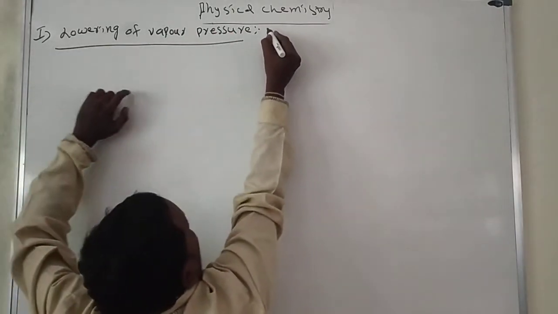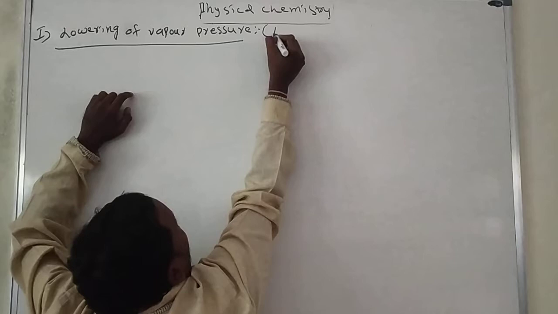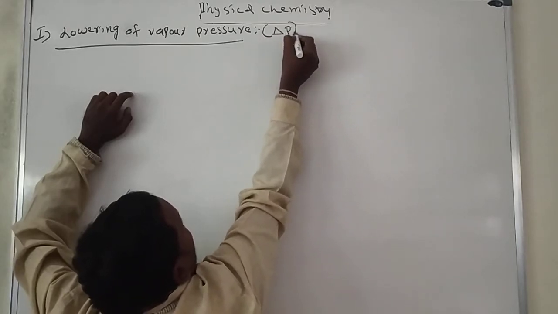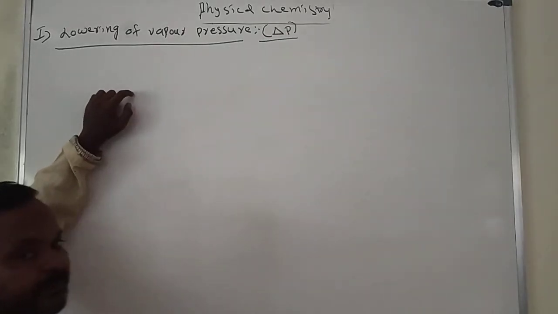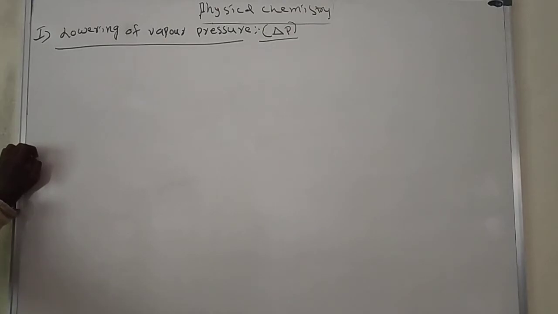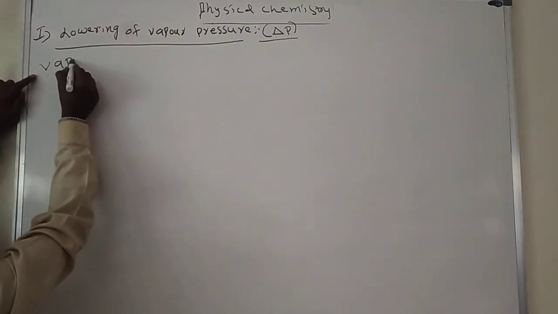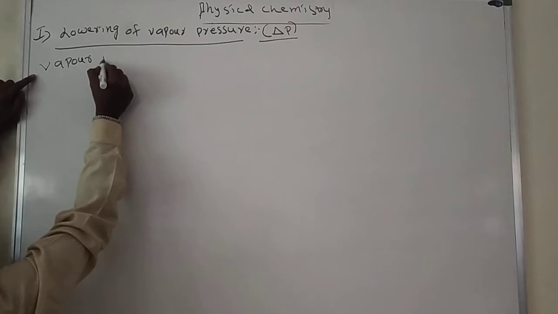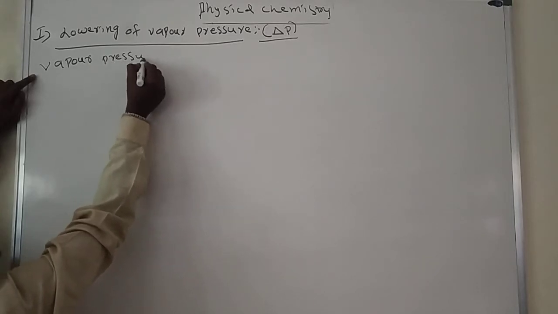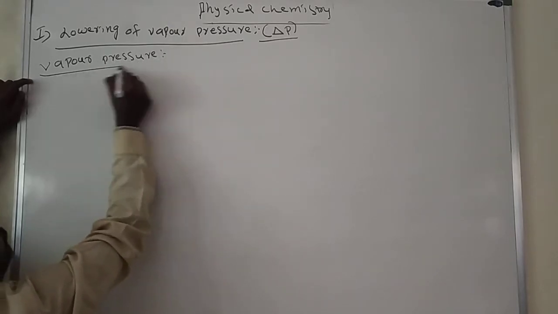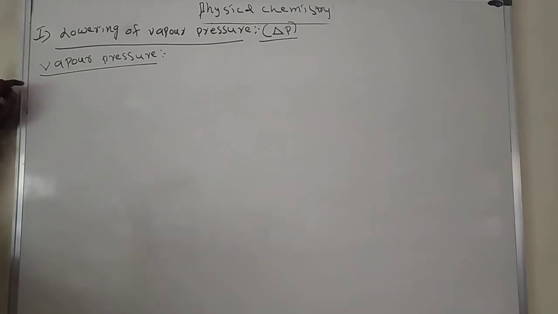Lowering of vapor pressure is indicated with delta P. P means pressure, delta means difference. Before seeing the lowering of vapor pressure, what is the meaning of vapor pressure?